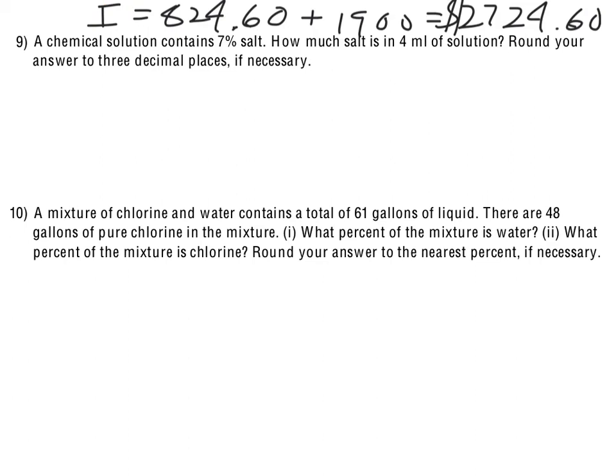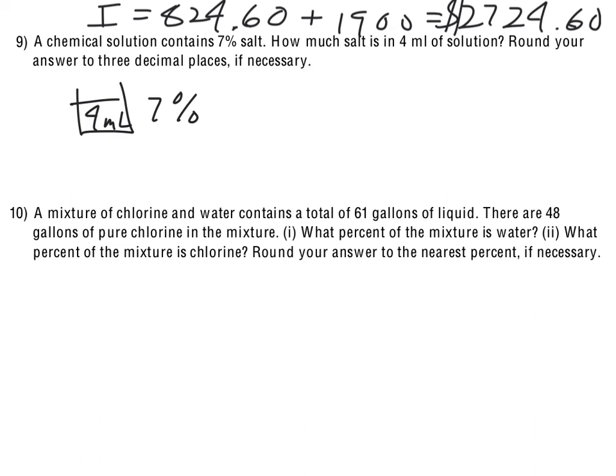And then number 9, the solution contains 7% salt. How much salt is in 4 milliliters of solution? So really all we have here is 4 milliliters total solution. So if we look at it, we got a container. There's 4 milliliters of solution. That is 7% salt.